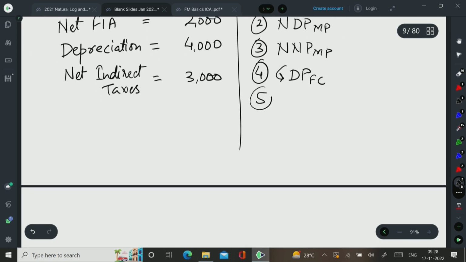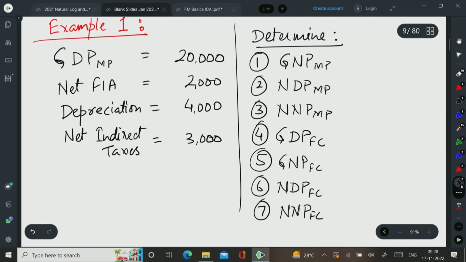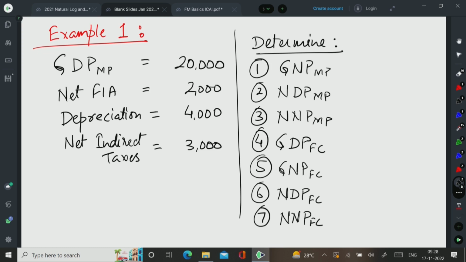Then fifth thing that you have to determine is GNP at factor cost. Then sixth thing that you have to determine is NDP at factor cost, and seventh thing that you have to determine is NNP at factor cost. So consider this as your first example.